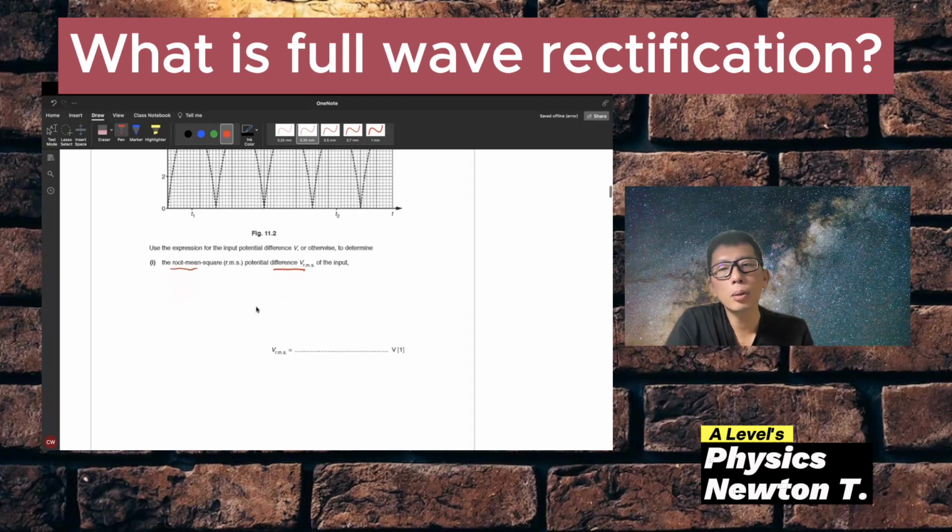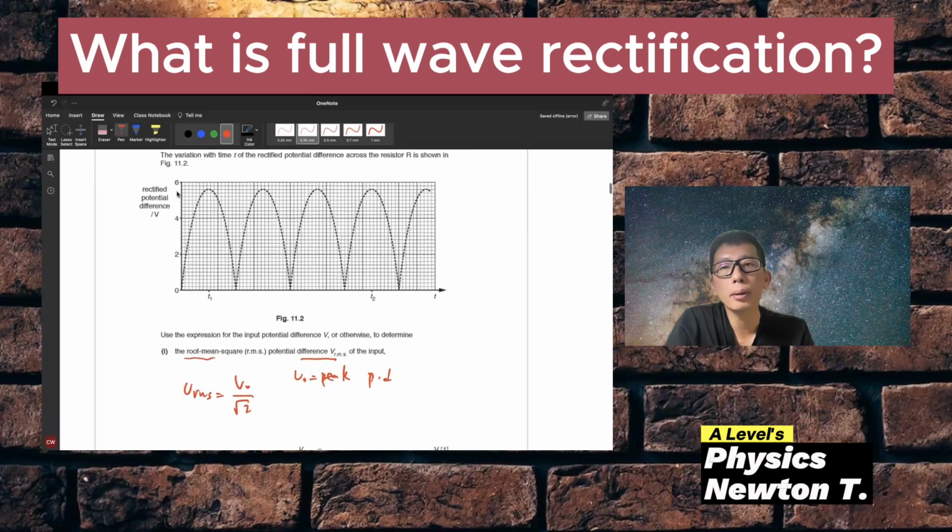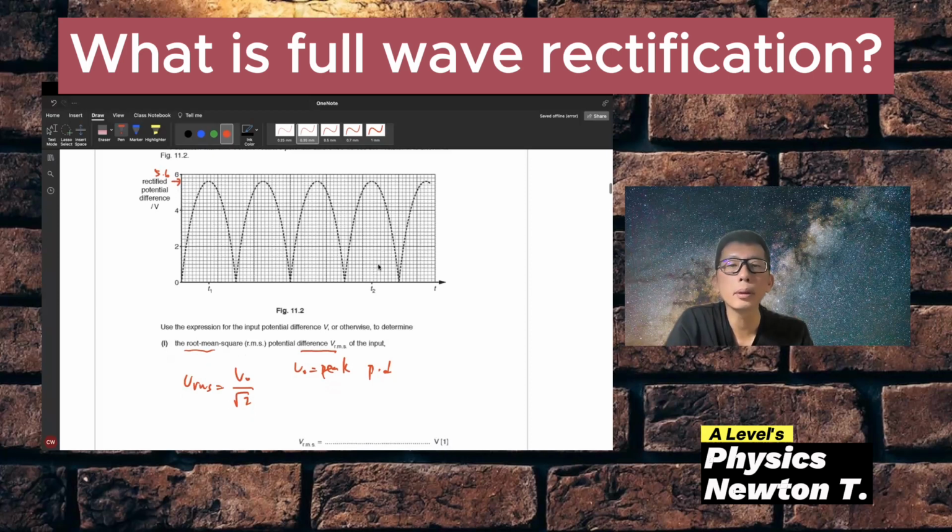Okay, root mean square, so there is a relationship. I think all of you know, this is V naught over square root 2. V naught is the peak potential difference. So can you see the value of the peak potential difference? You need to read from here. We can see this is 5.6.